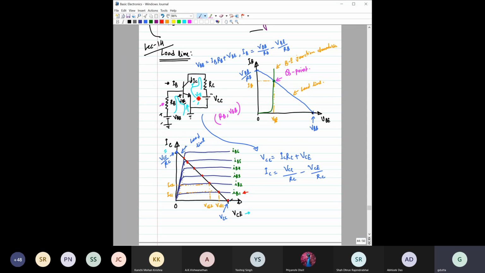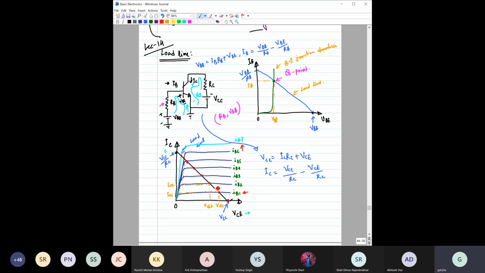Suppose you further increase this value, IB, say IB7. Now see the intersect, this is still in the saturation region. So if you go beyond this point, then your Q point would be in the saturation region.